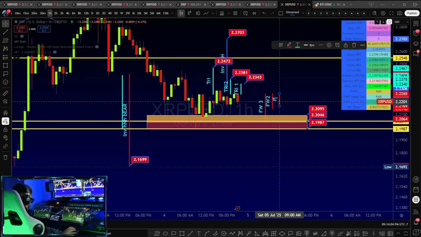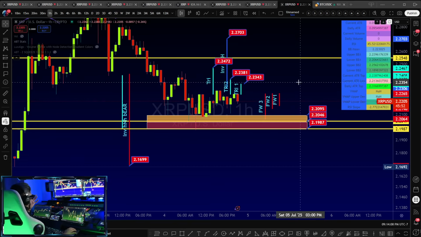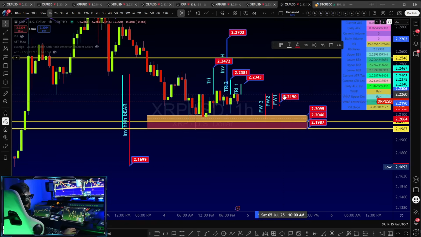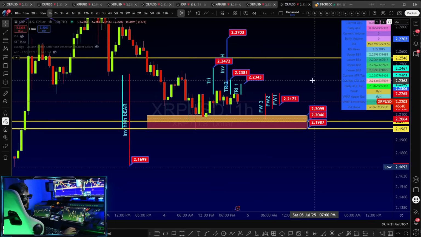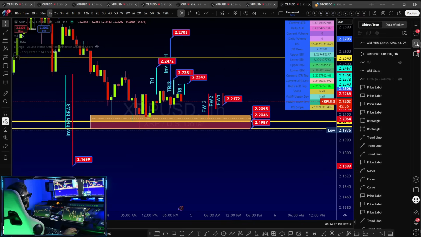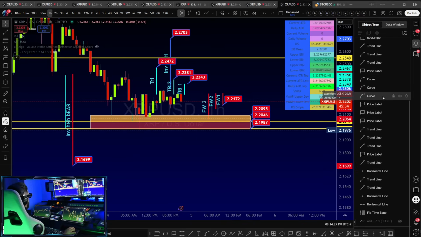Falling wedge 1. Okay, just to keep things in line. And just for now, I guess we'll leave one of these targets here, and the other one you can already see is around the 220.46. All good. Okay, so now the next formation is what I'm about to show you.